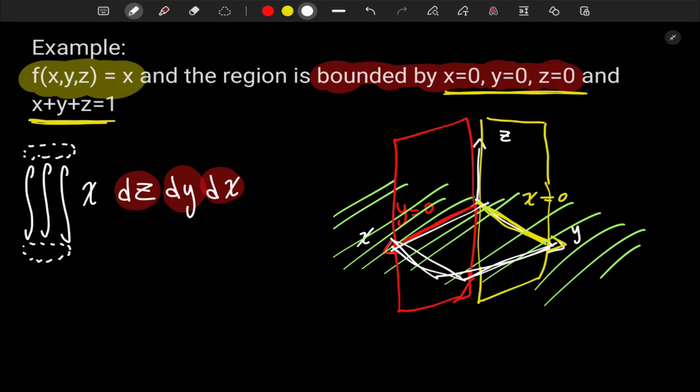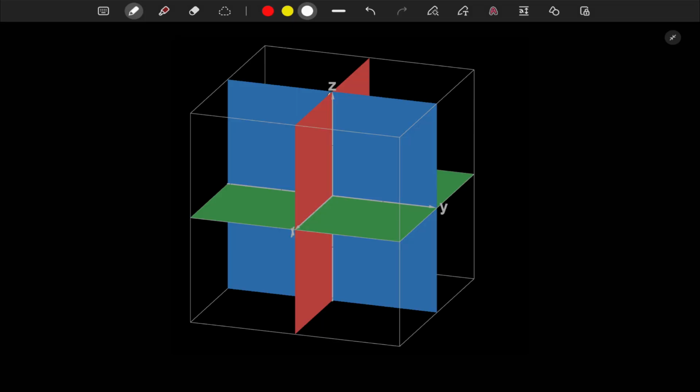So basically we found the initial limits. So our initial limits will be something like this. Now we have to find our final limits. As stated in the question, the region is bounded by x plus y plus z equals 1.